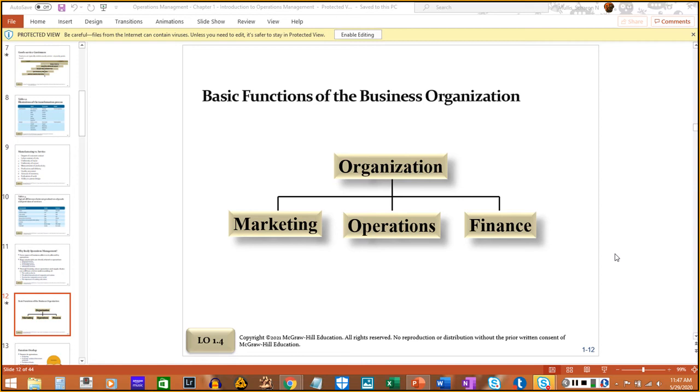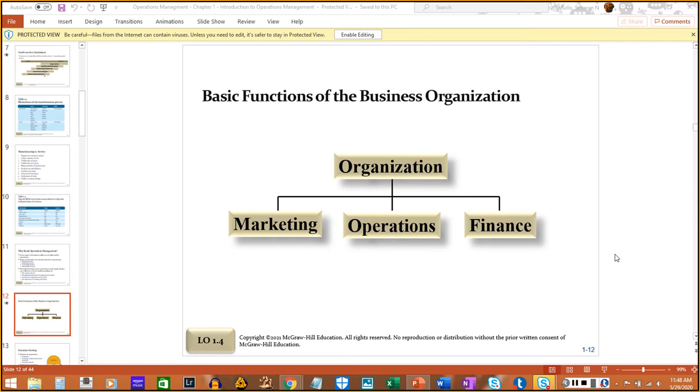The operations manager tells the employees what shift they're going to work on, what hours, and how many people are going to be on each shift, based off of what the marketing department tells them. And the finance department tells the operations department how much money they have available to purchase the material, to purchase the equipment, to hire people, and to do things like that.